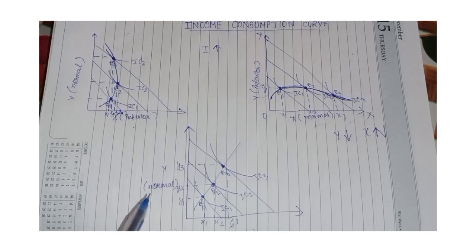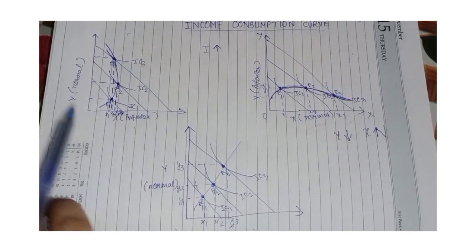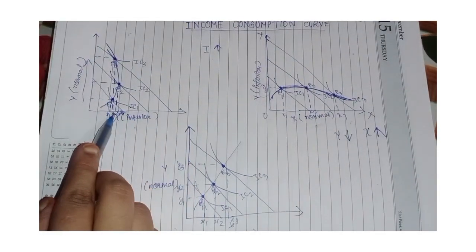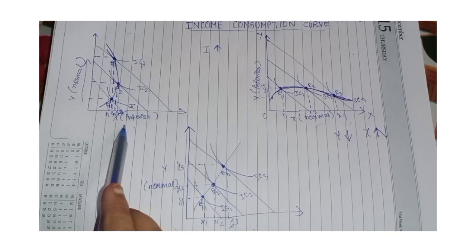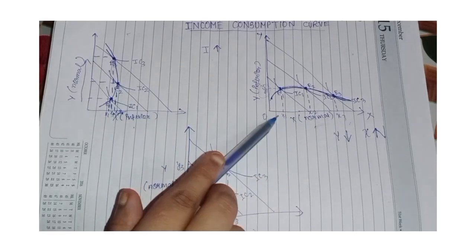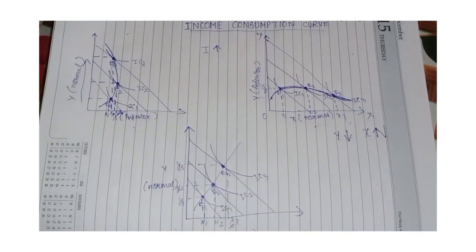Because in this case both Y and X are normal, so both are increasing, but in the first case Y is increasing but X is not increasing. Further after a point it is decreasing. Okay, in the second case our X is increasing but Y is not increasing. Okay, and in this case as both the goods are normal, so both X and Y commodity consumption is increased here. I hope it is clear to you all.